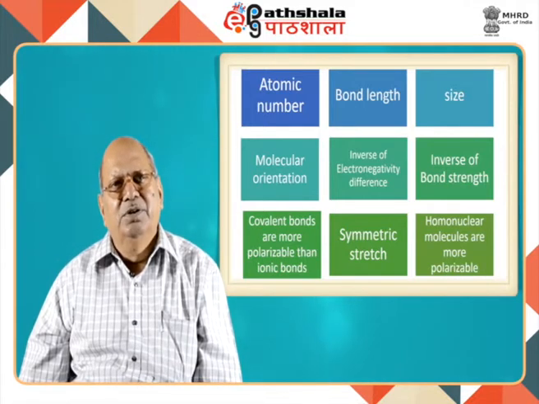Molecular orientation with respect to an electric field, parallel or perpendicular, also affects the spectrum. Polarizability is also proportional to one upon the strength of the bond. Polarizability is also proportional to one divided by the difference in electronegativity. Covalent bonds are more polarizable than ionic bonds.